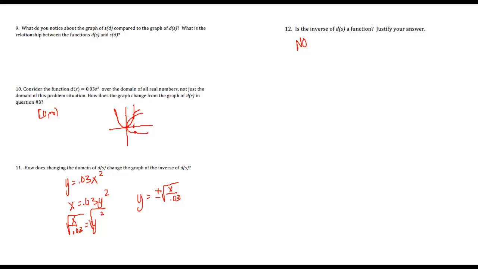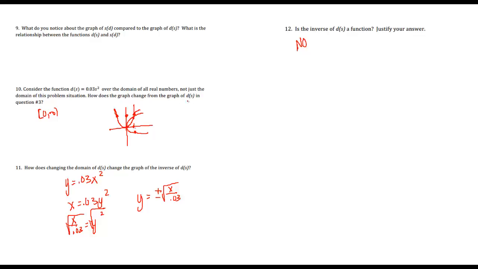So for my original function, every y could only have one x value that correlates with it. If we look at this parabola, for this y value, I have two different x values that will give me that y value. So that means that when I find its inverse, that y becomes an x value and it is now going to have two y values.